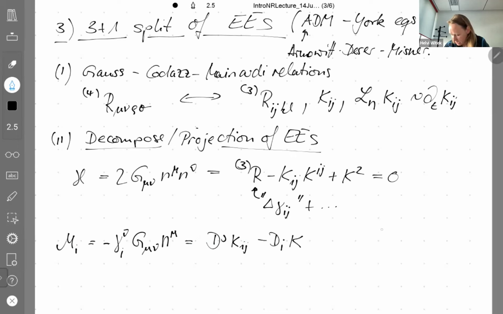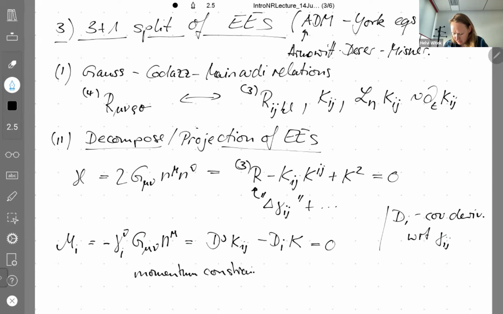I didn't list this up here, but D_i is the covariant derivative with respect to our spatial metric. Again, this is equal to 0. So this is what we call the momentum constraint, and the other one was the Hamiltonian constraint.